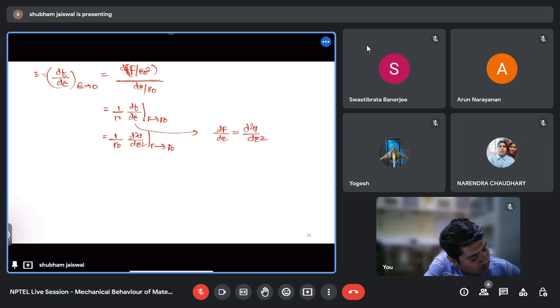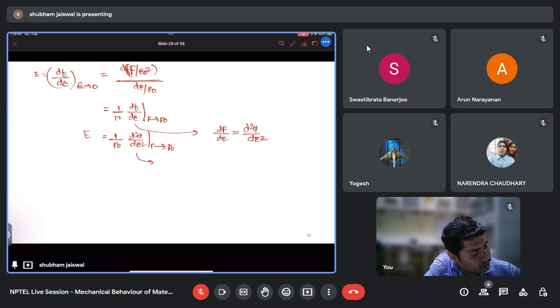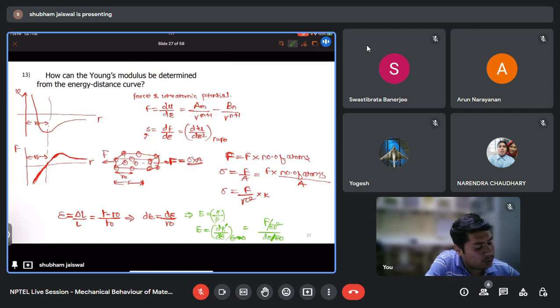So here we can see that this E, elastic modulus, is related to the electronic structure of the material or the bond energy. So this is how we can calculate the Young's modulus from the energy distance curve.